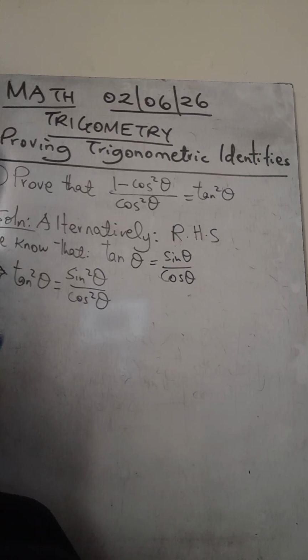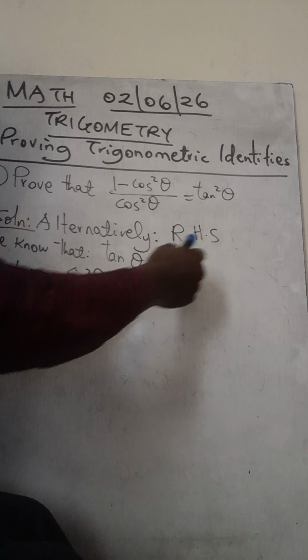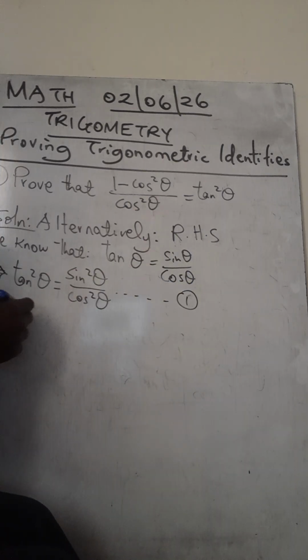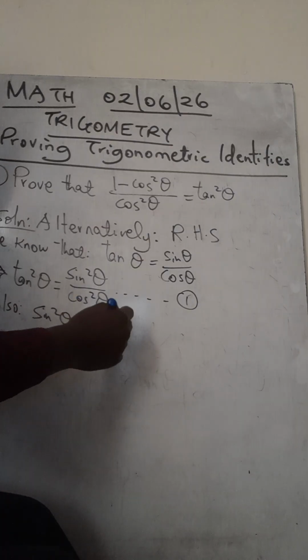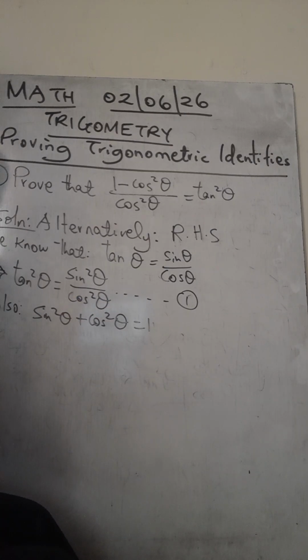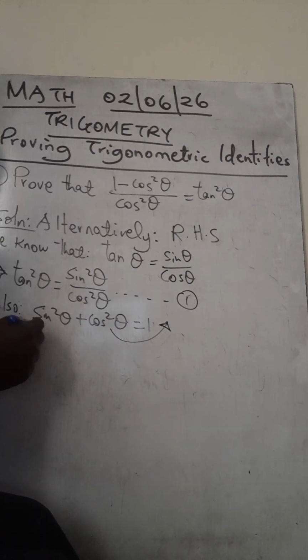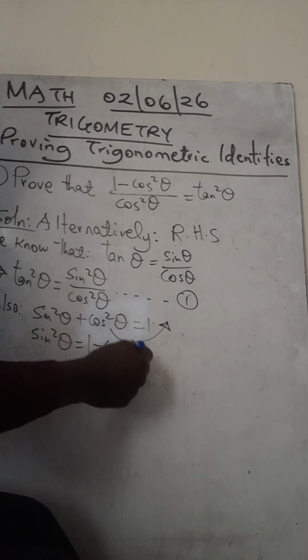And then let this one be equation 1, for example. And then we also know that sine squared of theta plus cosine squared of theta is 1. So we can bring this one to the right hand side, so that sine squared of theta, this one, equals 1 minus cosine squared of theta.